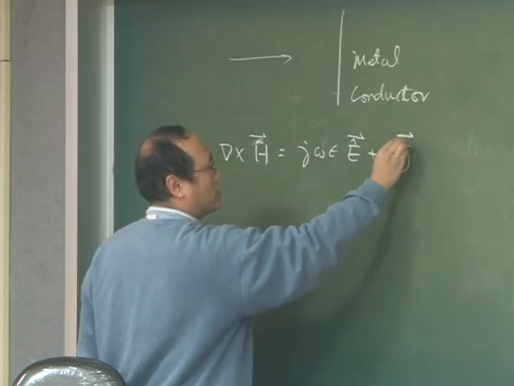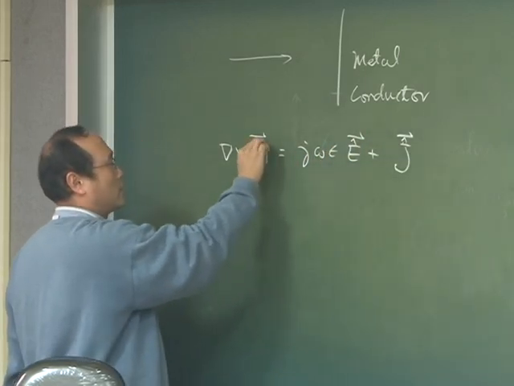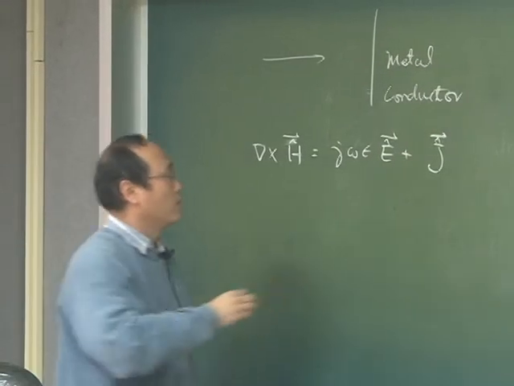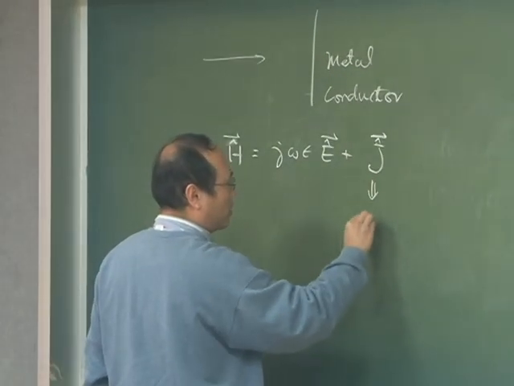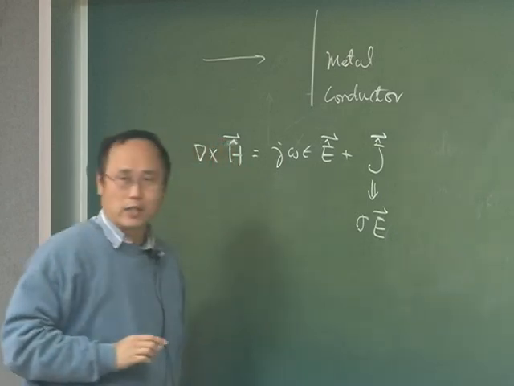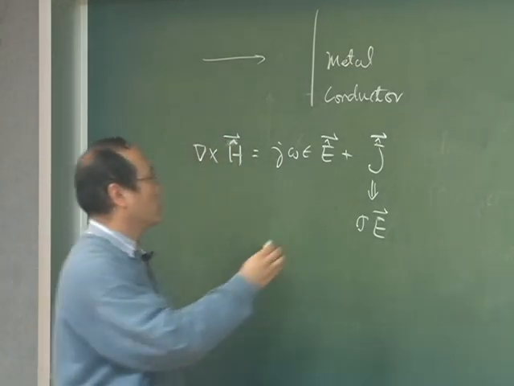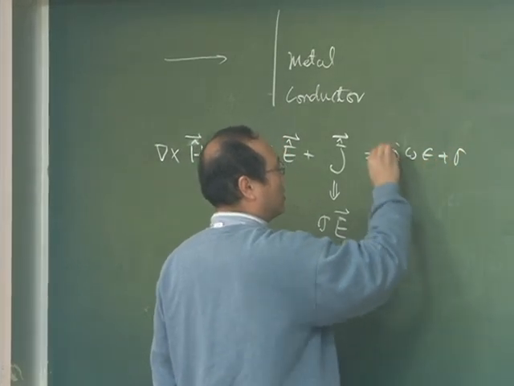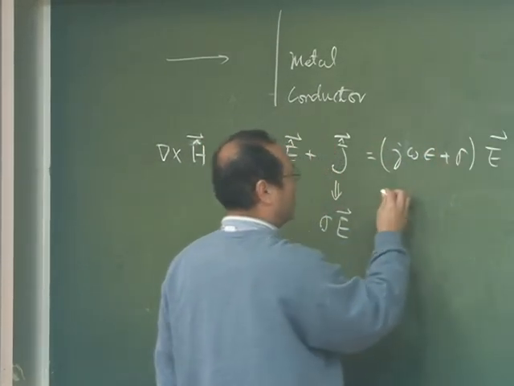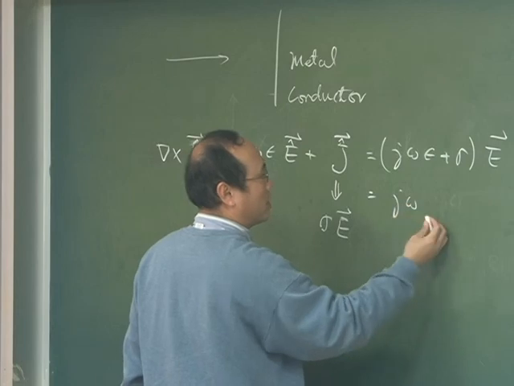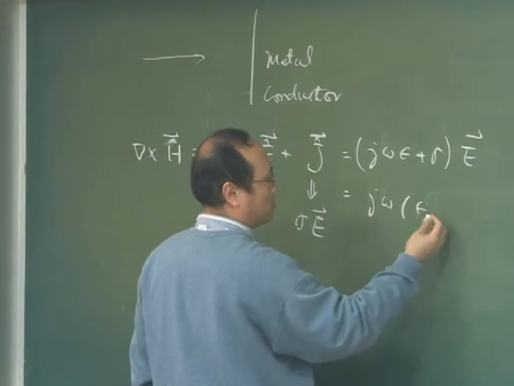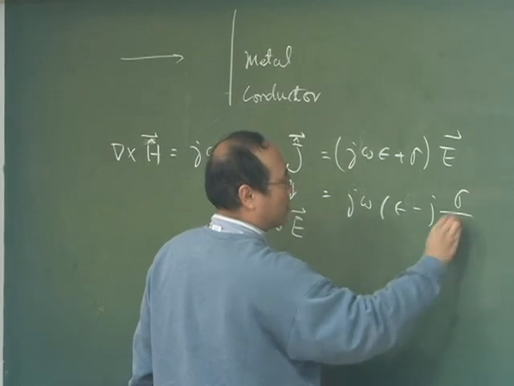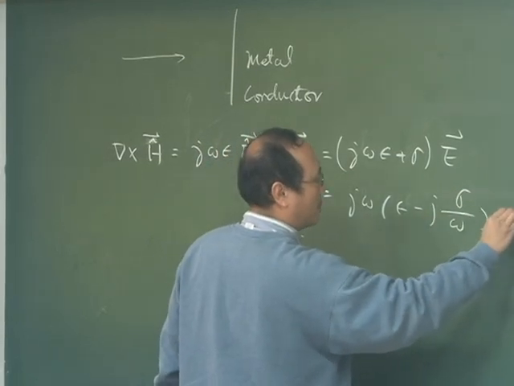Okay，都是 phasor。我懒得写了，我就这个小帽子我就不再写了。Well, this is equal to sigma E for conducting material. So you can organize this into J omega epsilon plus sigma E, or you can write into J omega epsilon minus J sigma omega E.